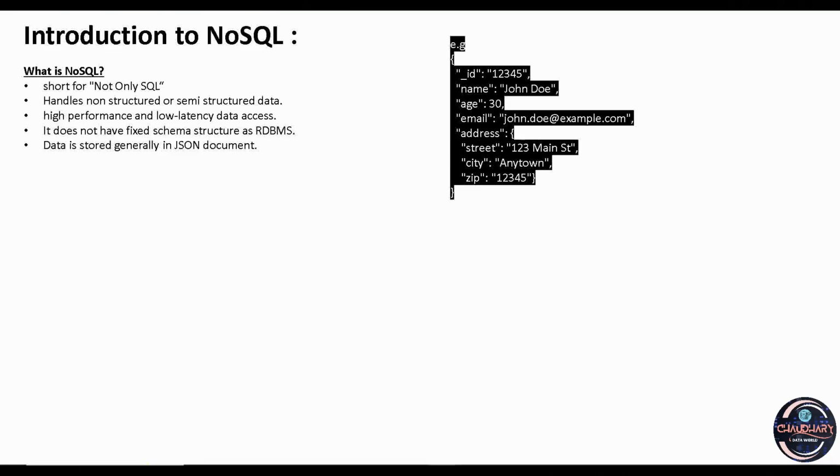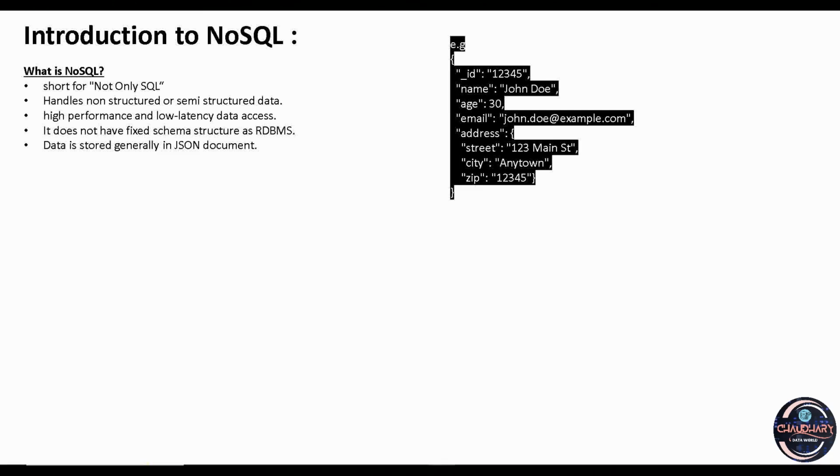So the first question is, what is NoSQL? This is just a short form, or acronym, for not only SQL, which handles non-structured or semi-structured data. Now what are non-structured and semi-structured data? Suppose you have this example: it has ID, name, age, email, and then address.